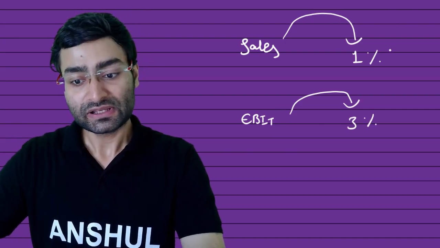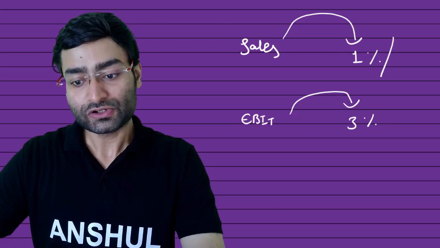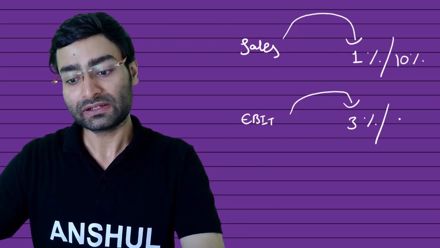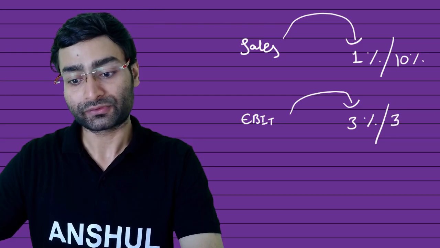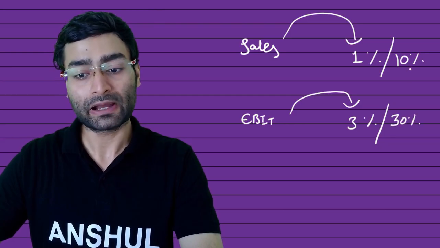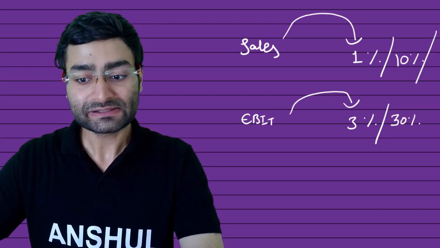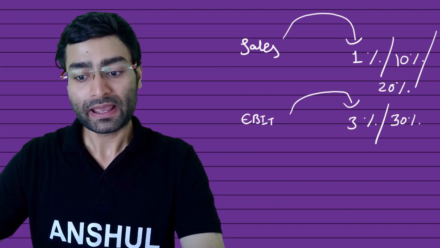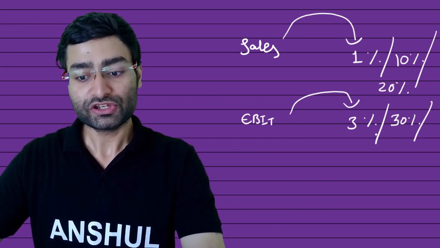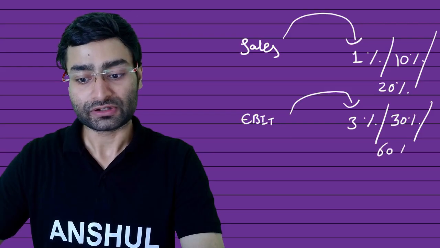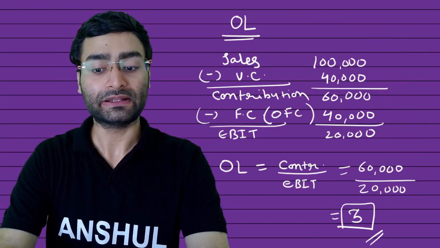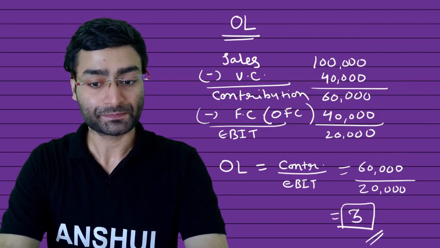If sales is increased or decreased by 10%, my EBIT will increase or decrease by 30%. Just multiply by 3. If my sales change by 20%, my EBIT will change by 60%, just multiplied by the operating leverage.